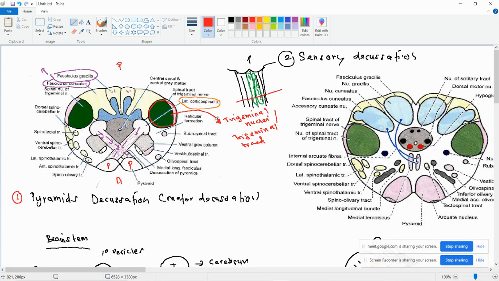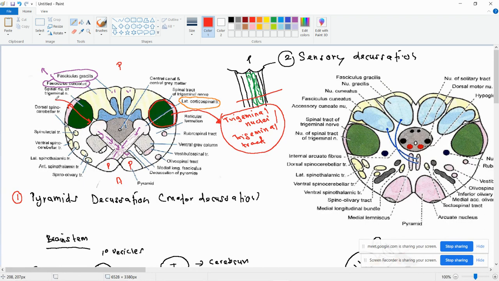You have nuclei and at the same time you have the tract for your trigeminal nerve. So collectively, the trigeminal nuclei and the trigeminal tract, or we can call it the spinal tract of the trigeminal nerve.